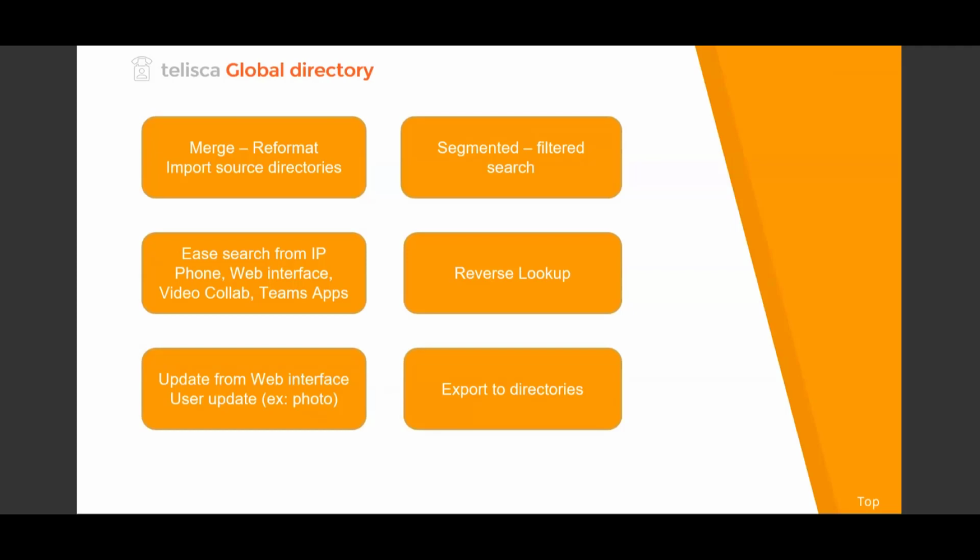So we can allow users to import their own photo. And also, when you have a directory which is up to date and global, you can use it to export to another directory. For example, in Global Directory Server, we have an OpenLDAP, so we can export to OpenLDAP or to an external Active Directory, for example.